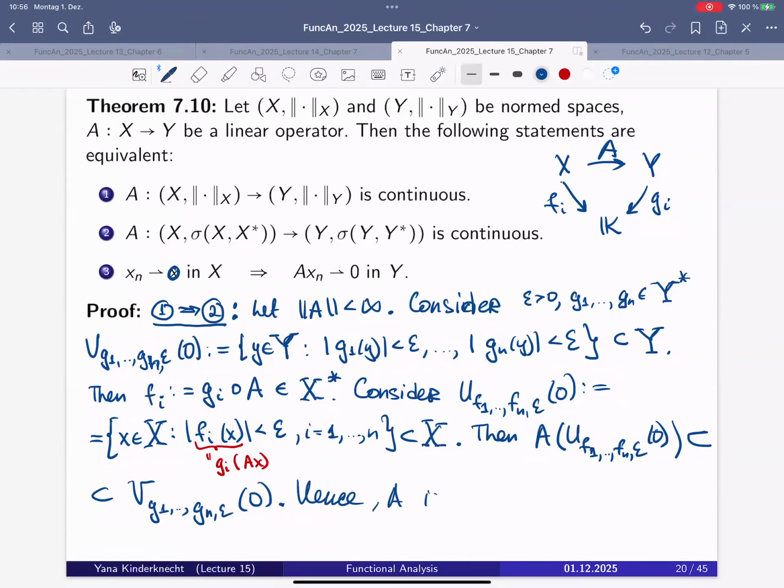Hence, A is continuous in weak topologies.